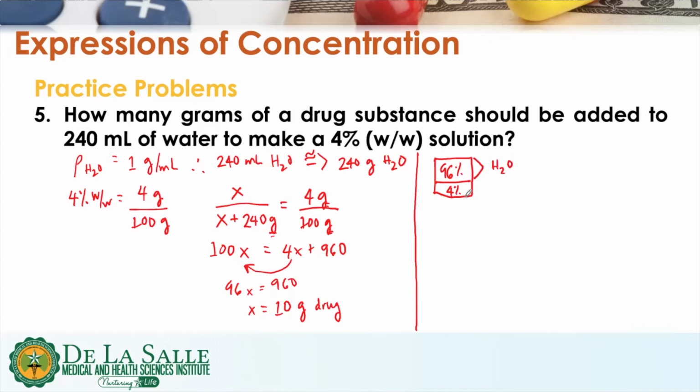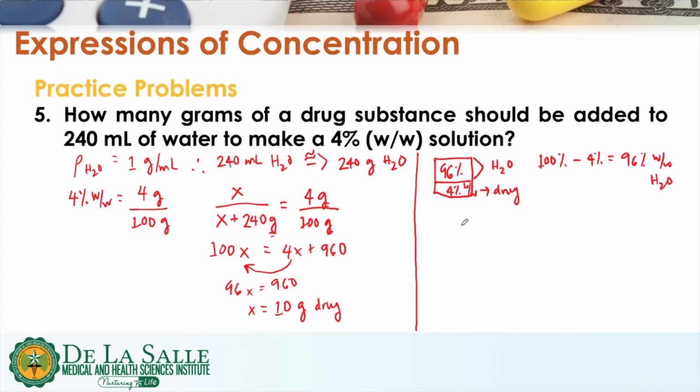So 4% of the solution by weight is your solute or the drug, and the rest of it will be water. So 100% by weight minus 4% is equal to 96% by weight. And this is the amount of water that is present in your solution.